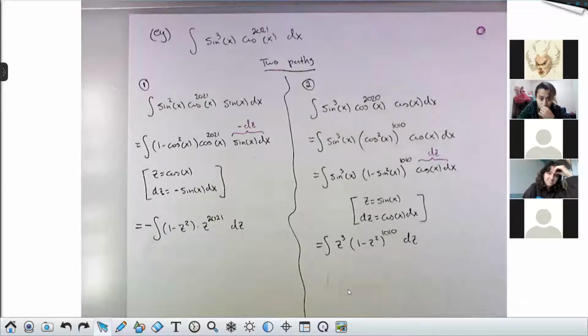Either way, it's pretty good. Everybody seems to agree that the first integral is easier. Can somebody tell me why the second integral is harder? Why is it that we don't want to do this one?